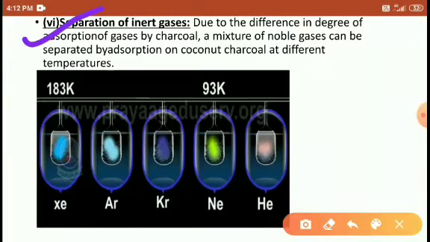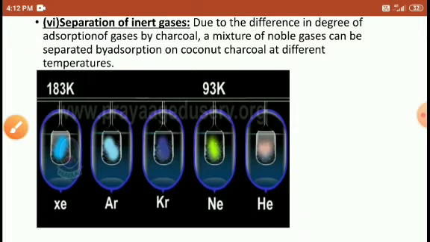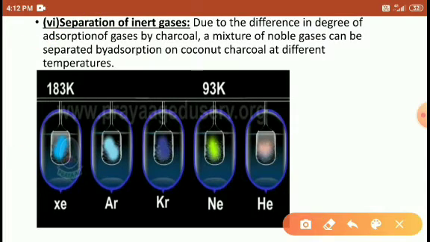Separation of inert gases. Different degrees of adsorption of gases on charcoal. The charcoal adsorbs the gas particles at different temperatures. Look here students, all the noble gases are there.